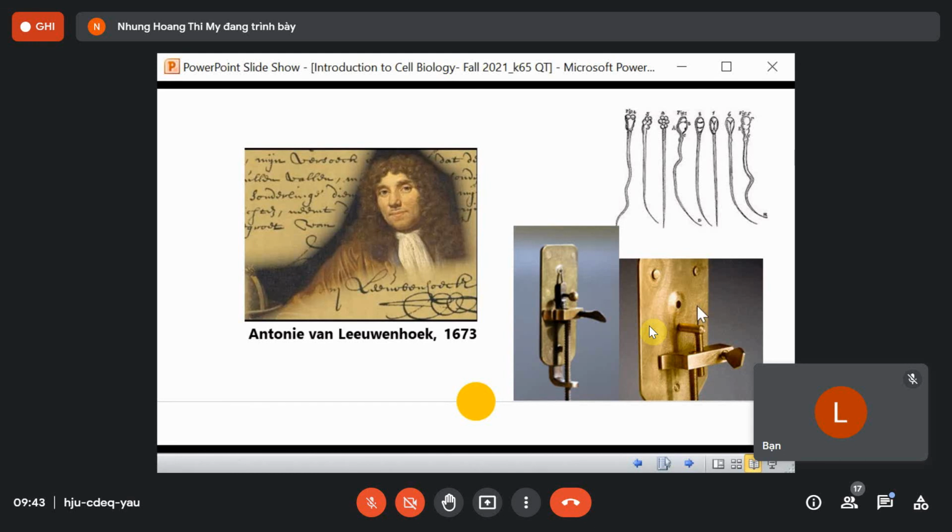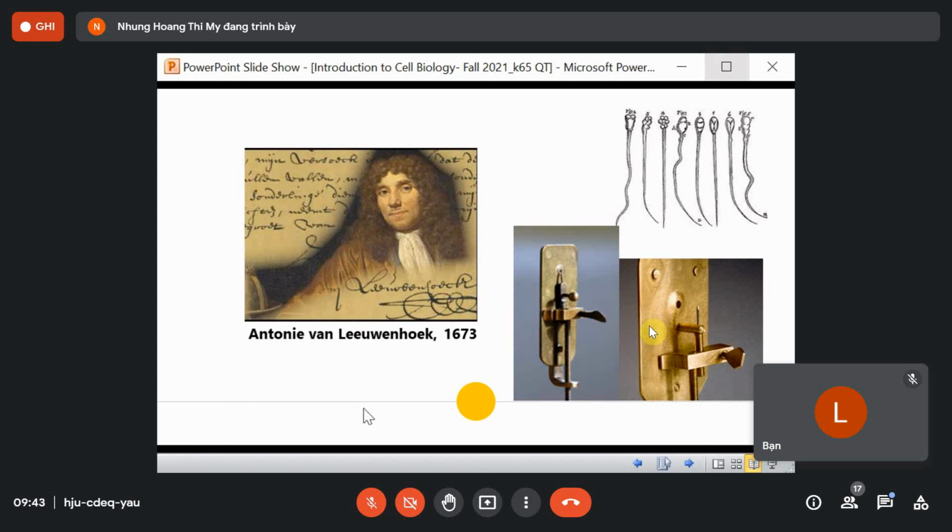He called all of these cells he observed by these words. So this is a drawing of the sperm cell he observed through this microscope. So Leeuwenhoek is the first scientist who observed the living cell.